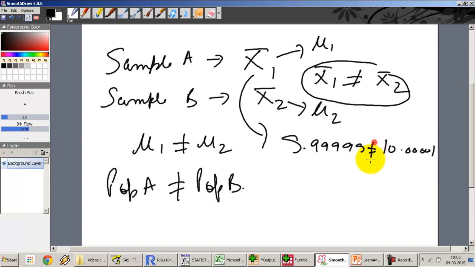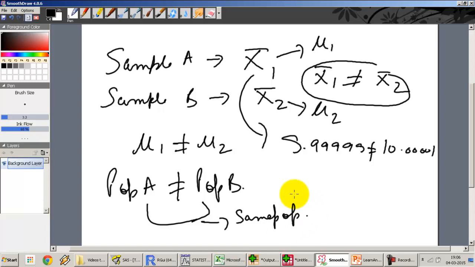Now just because 9.99999 is not equal to 10.00001 does not mean that the population means differ, or these two samples may actually be coming from the same population. It could be that population A and population B are the same population, and sample A and sample B are simply two different samples extracted from the same population, right?